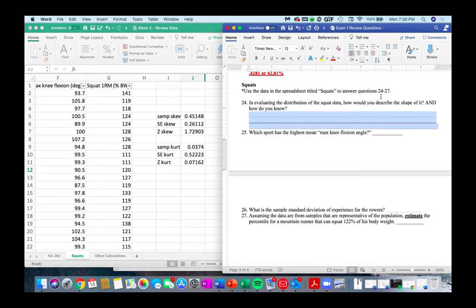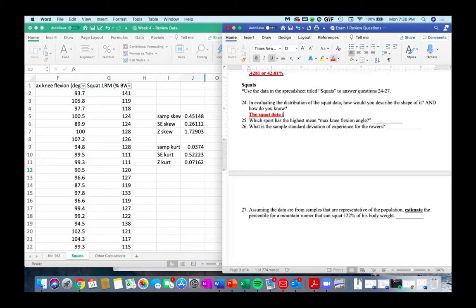So in this case, when we're describing the shape, we would say the squat data is relatively normal, and then we justify why. It's because the z-score of skewness and the z-score of kurtosis are both between -2 and +2.